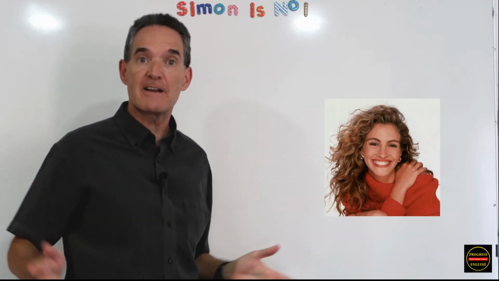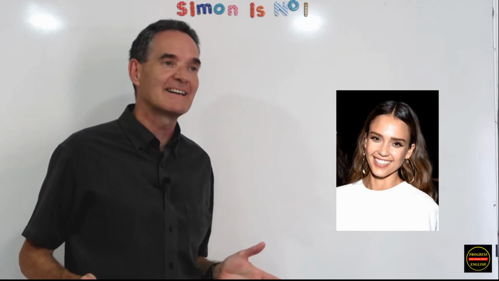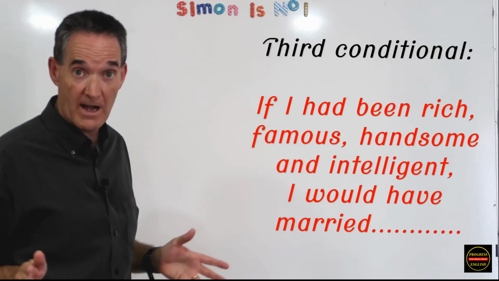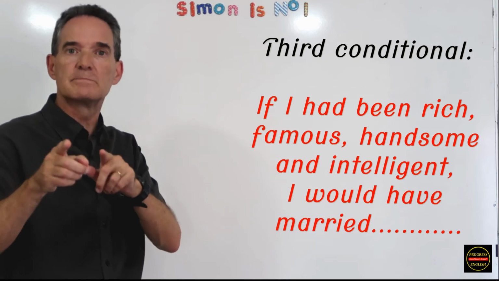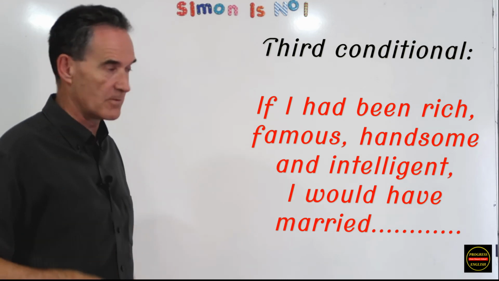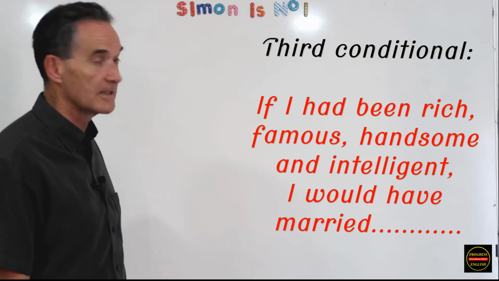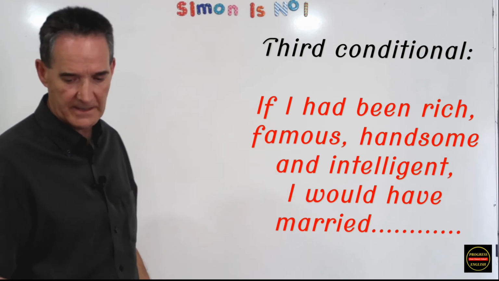No, wait, Jessica Alba. Yeah. Oh, sorry, I was daydreaming there for a while. Don't let my wife see this video. Whatever you do, don't let my wife see it. I'll be in hot water, I think.